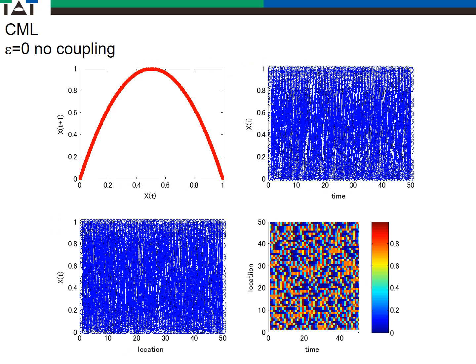The epsilon with 0 and no coupling, and we can see the return plot would be this red equations, that plot. Bottom right hand side, it shows diagrams and the time evolution of the individual trees.